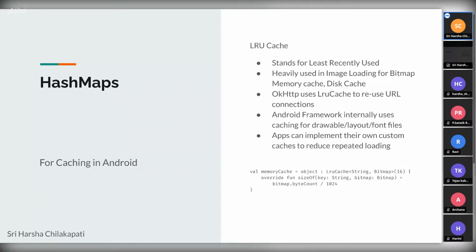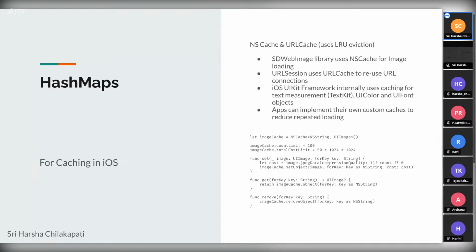Images, layouts, fonts, colors, and text measurement are all similar here. All of them use this LRU cache, and LRU cache is implemented by a class called NSCache.